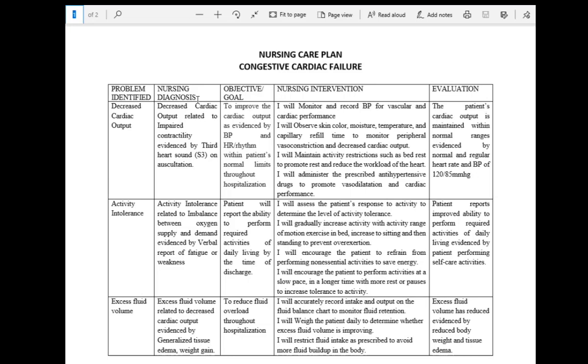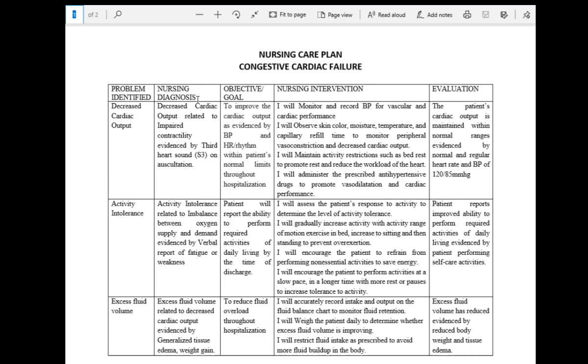So the nursing diagnosis is decreased cardiac output related to impaired myocardial contractility evidenced by third heart sound on auscultation. So what we mean here is that the decreased cardiac output is coming as a result of impaired myocardial contractility.